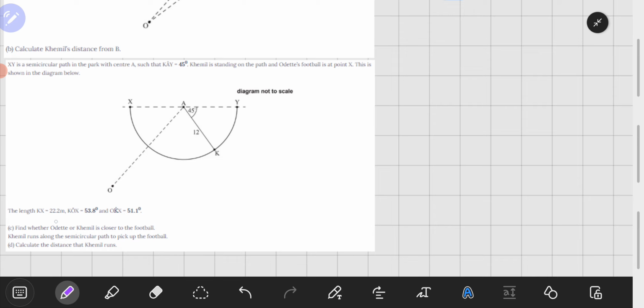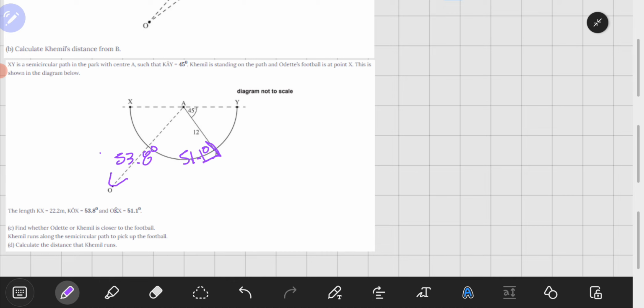We're given another side length and an additional two angles, in fact: angle KOX, I think that's this angle here, and OKX, which is 51.1 degrees.